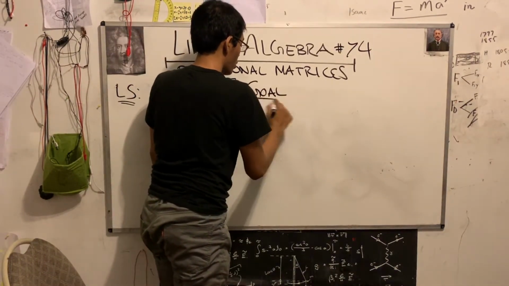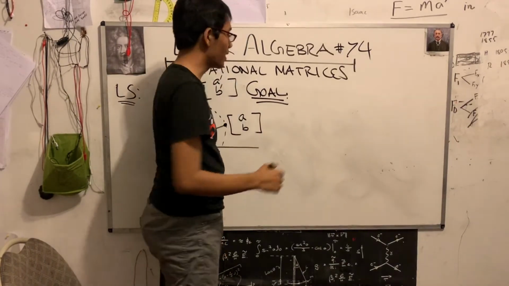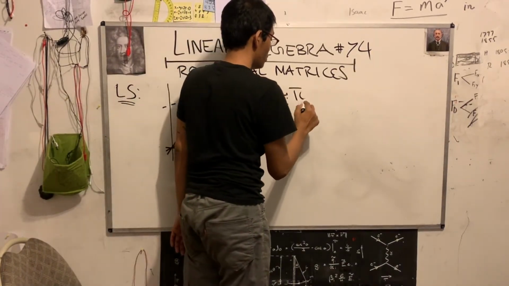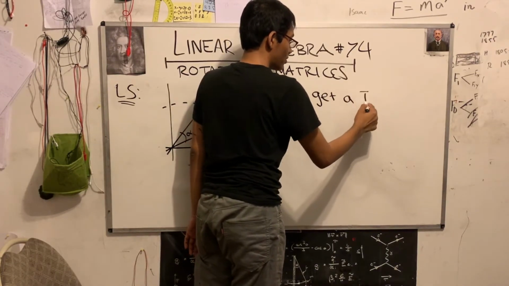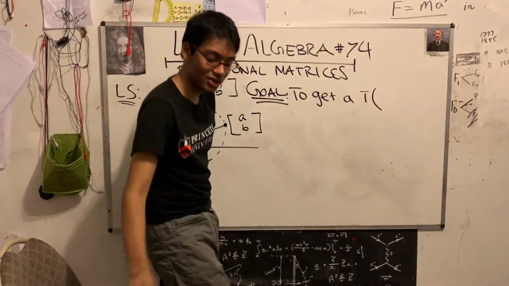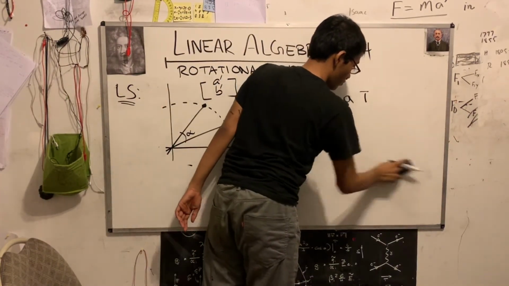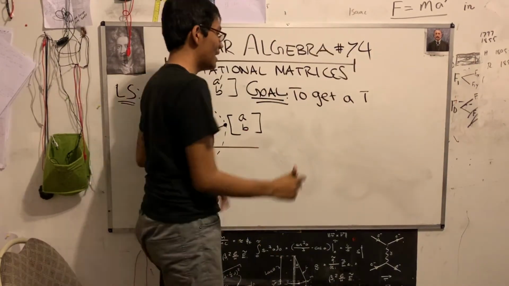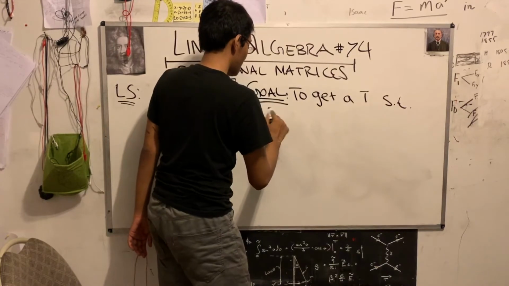What is my goal? My goal is to get a transformation T such that, when I input this vector AB into my transformation, I get an output of what?